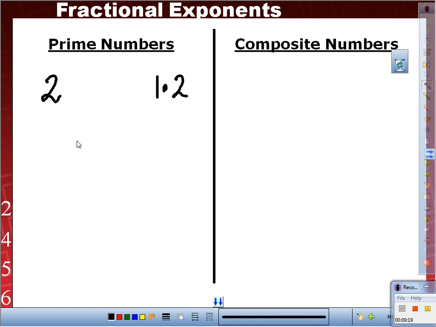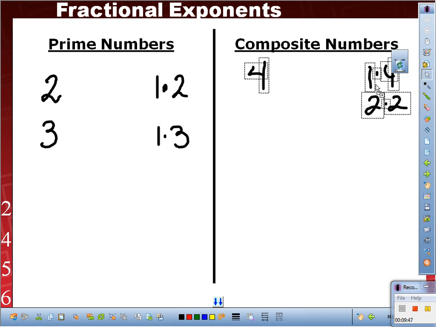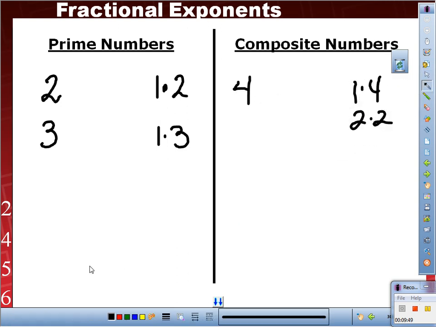No, unless we get decimals, but we don't want to work with that. Next number. Is this a prime number? 1 times 3. Let's look at this one: 1 times 4 or 2 times 2. Therefore, if a number is not a prime number, it has to be a composite.